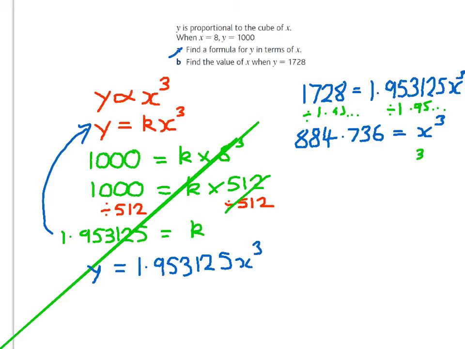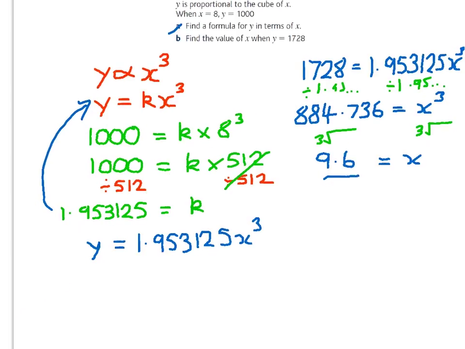I'm going to cube root both sides. And once I've done that, if I cube root my answer, it gives me 9.6. And that must be my value of x. So after all that, we end up with actually quite a nice round answer.